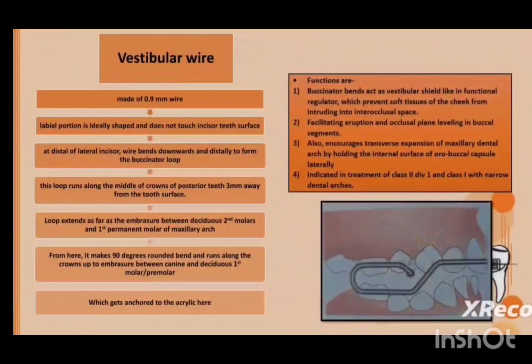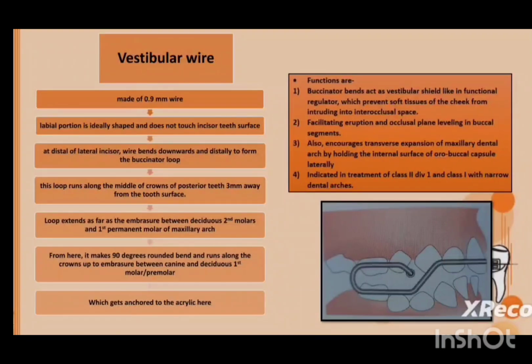Now let's talk about the vestibular wire. It is made up of 0.9 mm wire, and the labial portion is ideally adapted so that it does not touch the incisor teeth surface. At the distal of the lateral incisors, you can simultaneously observe it on the image. Now at the distal of the lateral incisor, the wire bends downwards and distally to form a buccinator loop.